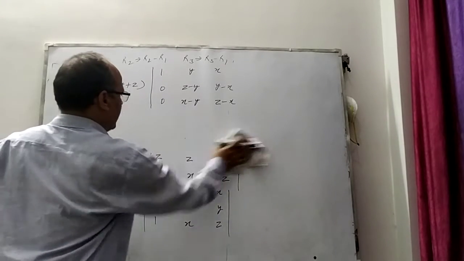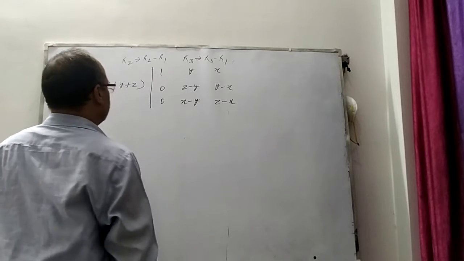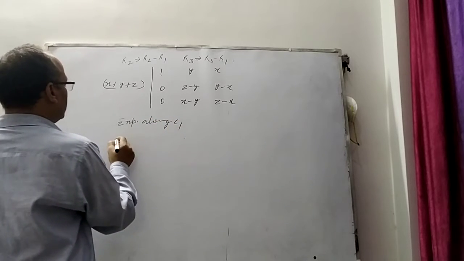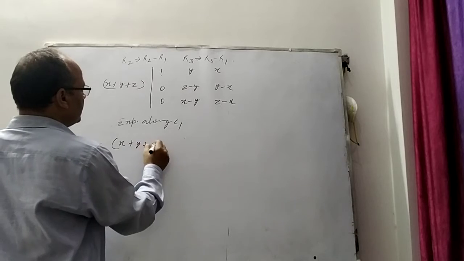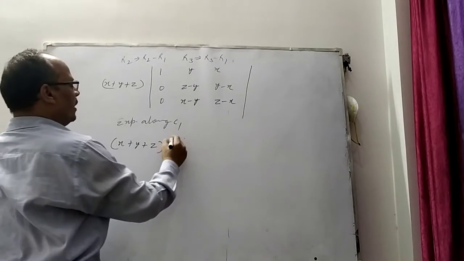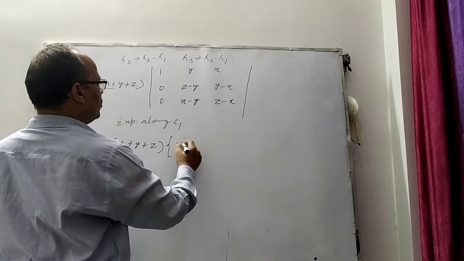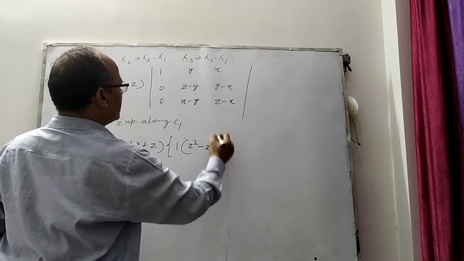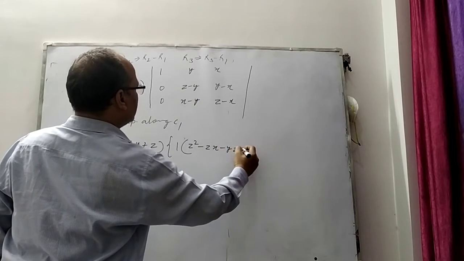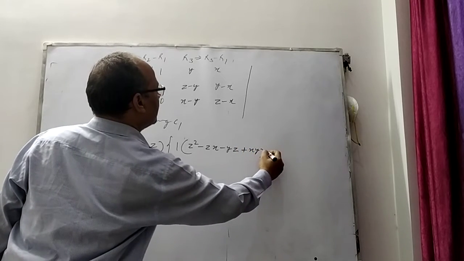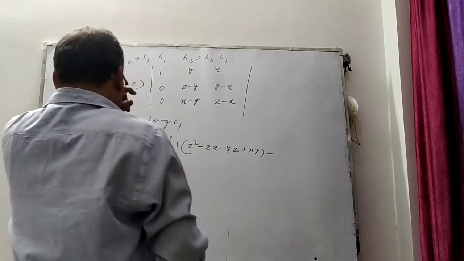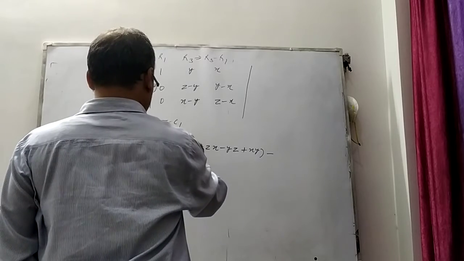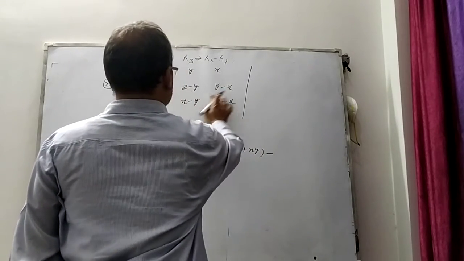Now expand it along C1. Expanding along C1, this will be x plus y plus z, then 1. Cross multiply: z square, then zx, then minus yz plus xy, minus this value.